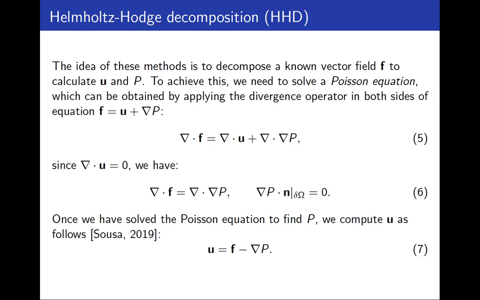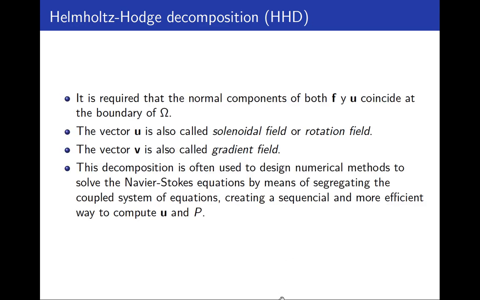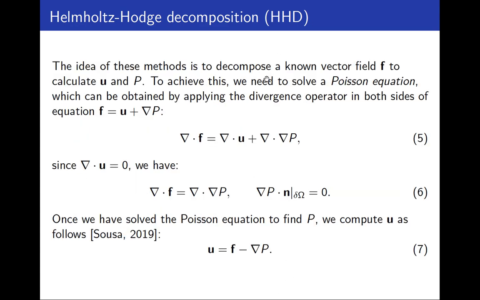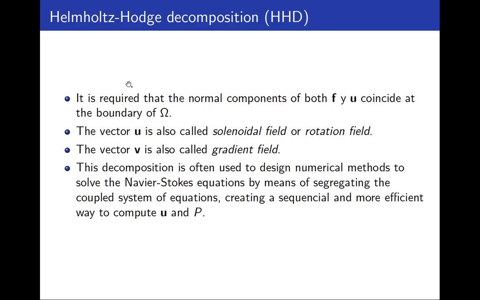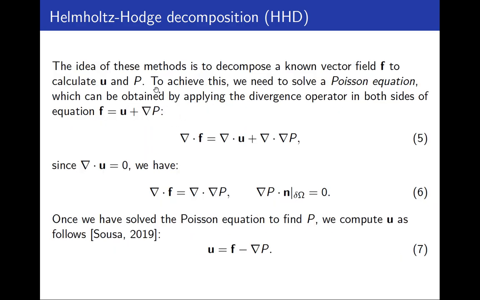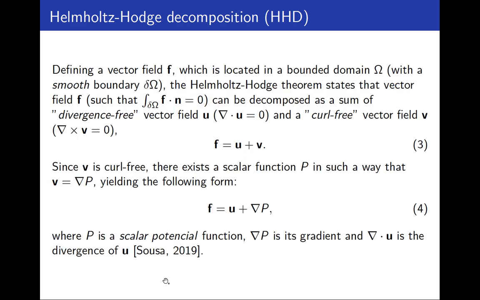But before explaining those algorithms, I want to explain that the idea of these methods is to decompose a known vector field. That means in order to use this decomposition, we need to know beforehand the vector field F in order to calculate U and P. U, remember, is a divergence-free vector, and P is the scalar that was defined here.